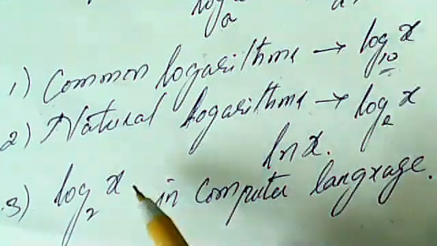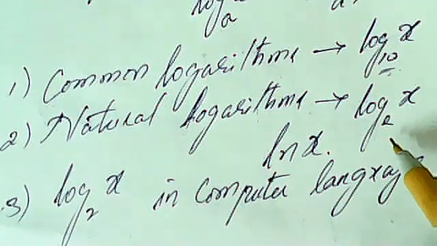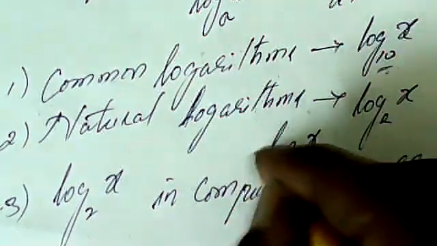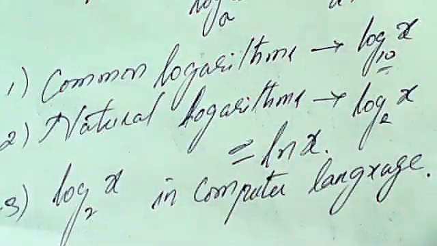In natural logarithms, the base of the logarithm is e, that is e equals 2.18 and so on, which is an irrational number, and this log x to base e is nothing but ln of x. And in computer language, we use base 2 for the logarithms, log x to base 2.